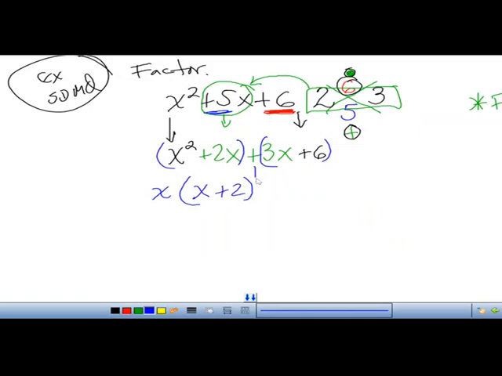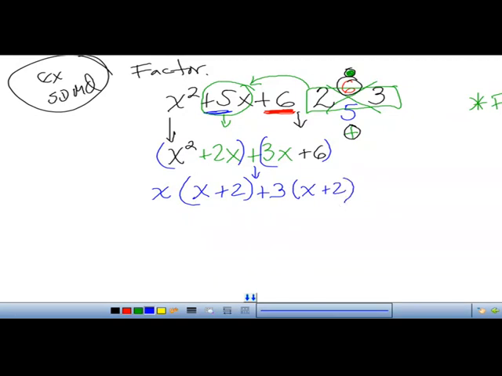Bring down the plus. What is the GCF for the second 2? Not a variable, so it can be divided by what? 3. And what do we have left here? X. And what is 6 divided by 3? 2. Okay, we're almost done.